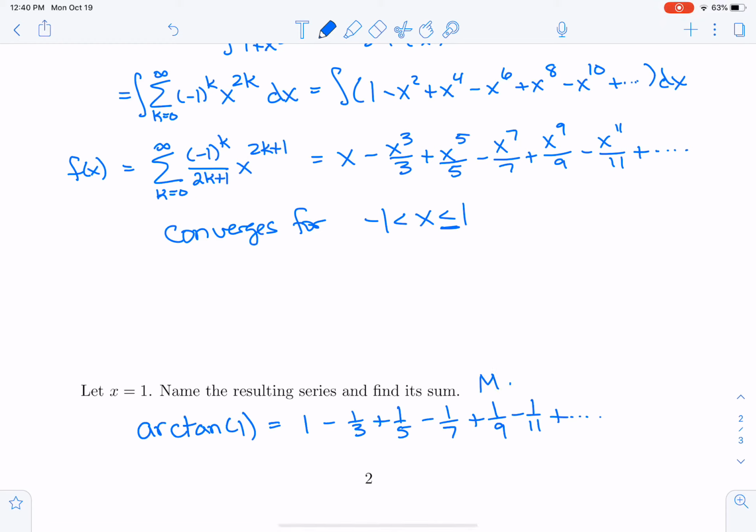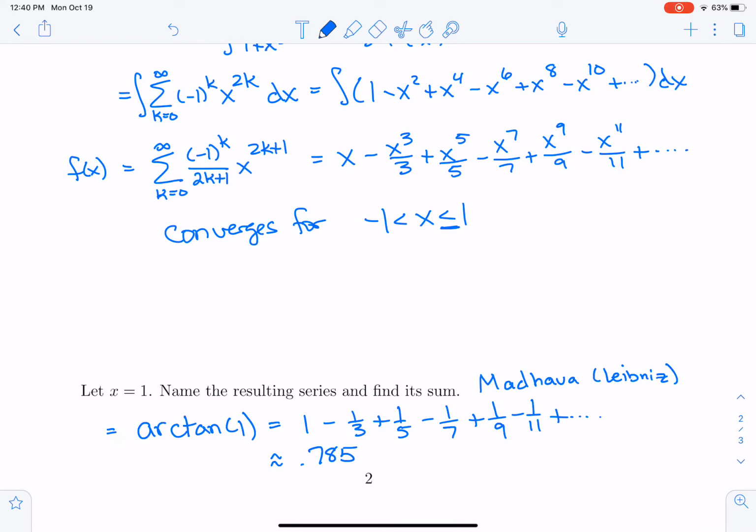We called that the Madhava series, also known as the Leibniz series. And so that series we had estimated before. We had gotten an estimate to 3 decimal places of 0.785. But now we know that that series actually equals the arctangent of 1.